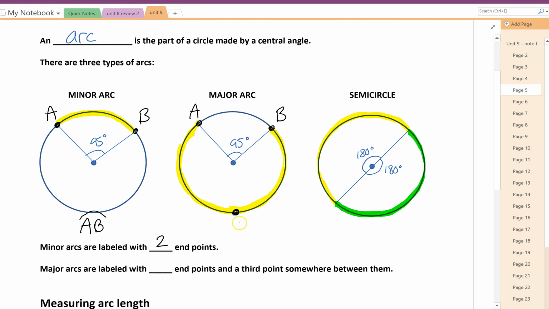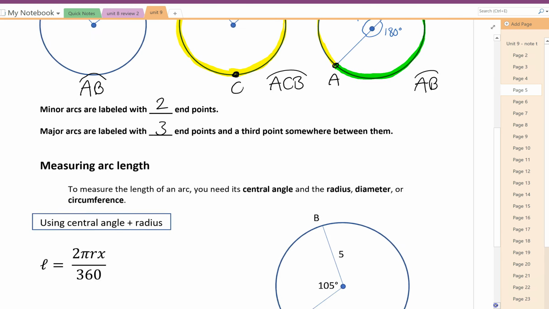If I put another point down here, such as C, and I call this arc ACB, now you know I'm talking about a major arc, because to get from A to C to B, I have to travel along that major arc there. For a semicircle, I just need 2 points, basically. A to B would be my arc in either case there.